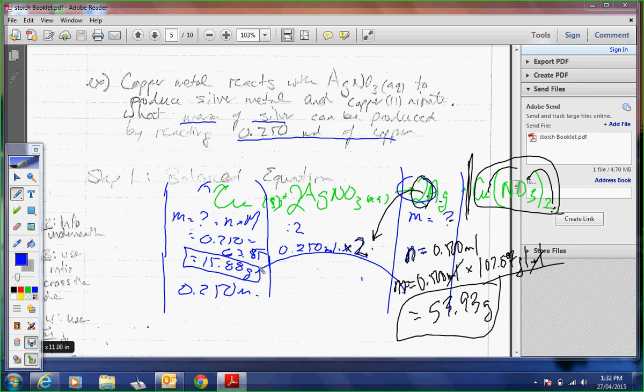So, another question might have not given you moles, but given you mass, and then asked you to solve for the moles. So you go down that stream, you go across the bridge, and then you go down that stream to find the answer that they're looking for.